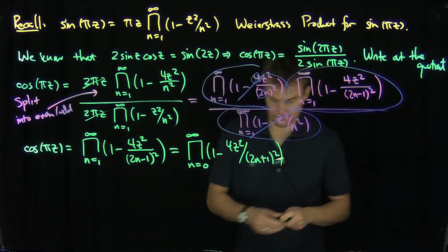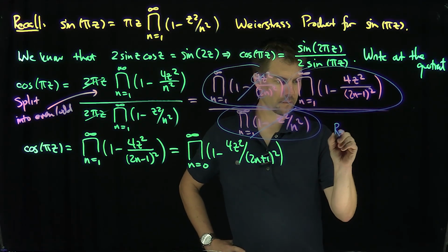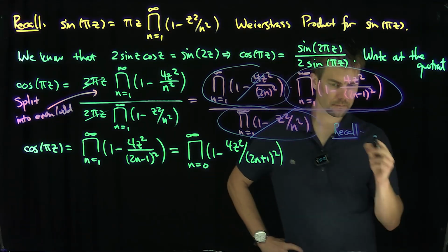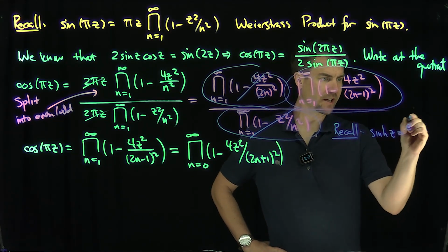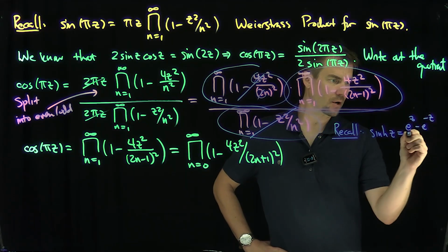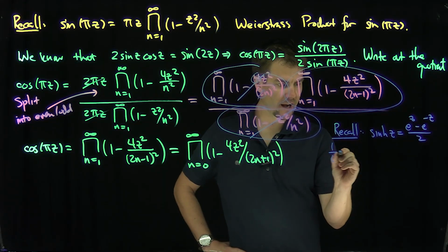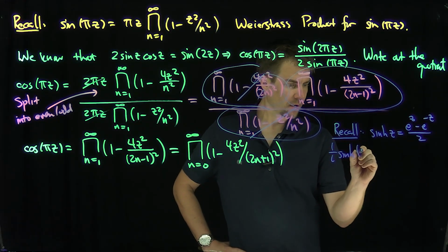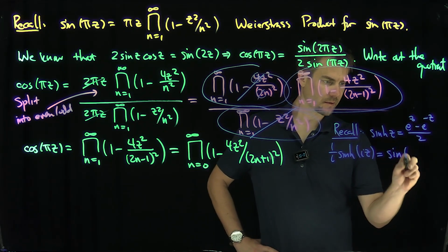Now, let's recall, what's the sinh of z? Recall, the sinh of z is e to the z minus e to the negative z over 2. So that says if I do 1 over i times sinh of iz, that becomes sine of z.